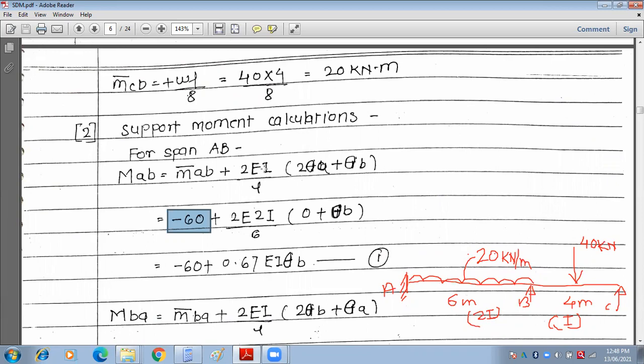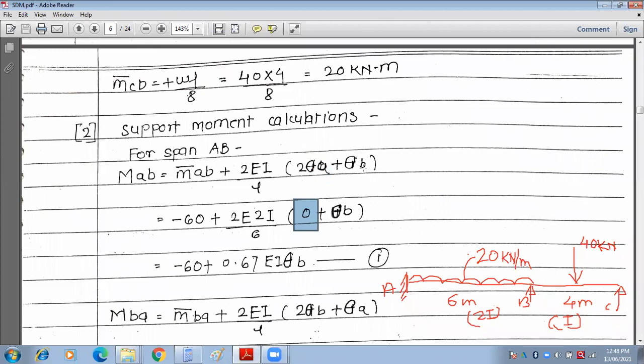And now the I value, as we have seen, is twice I. That's why we have to consider 2E into bracket 2I divided by L. L is here 6 meter. Now theta A, as we have seen previously, if the support is fixed, the theta value is 0. Therefore this term is 0.